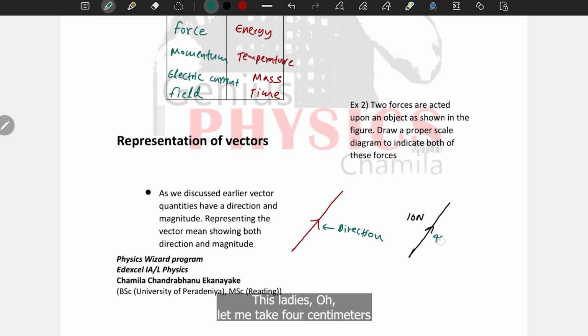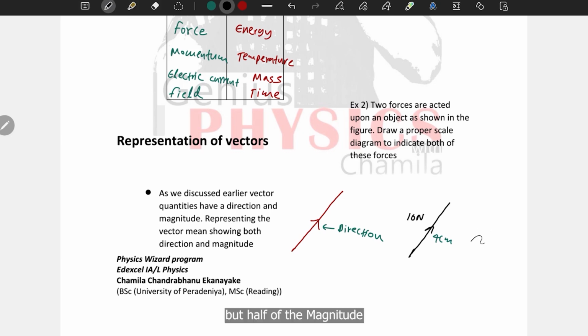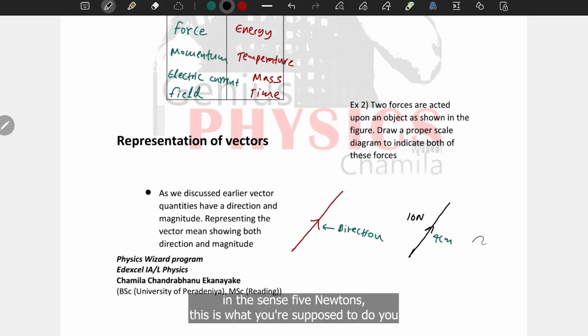Let me take 4 centimeters. If you want to represent another vector pointing in the same direction but with half the magnitude, in the sense 5 newtons, this is what you're supposed to do.